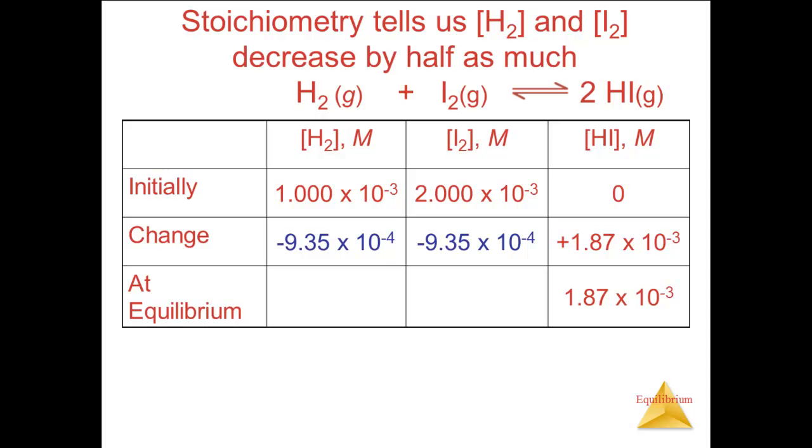Each decreases then by 9.35 times 10 to the minus fourth molar because of the 2-to-1 stoichiometry ratio. These changes are entered in the C row. Note that the changes for H2 and I2 are both negative because the concentrations decrease.